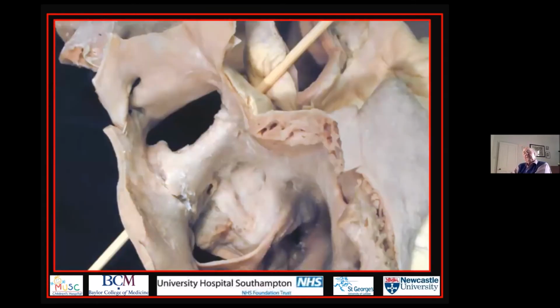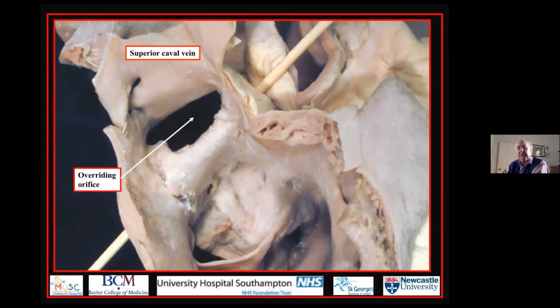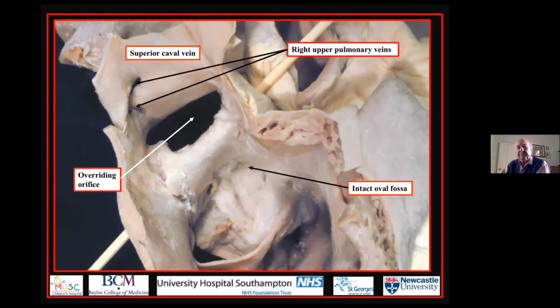And we can see that very nicely when we go back to what used to be the gold standard, the lesions we see in the autopsy room. So I'm showing you here a sinus venosus defect. We're looking at it from above and from the right. So there is the superior caval vein, and you see one of the features of the sinus venosus defect, because the orifice of the sinus venosus defect is overriding the crest of the oval fossa.